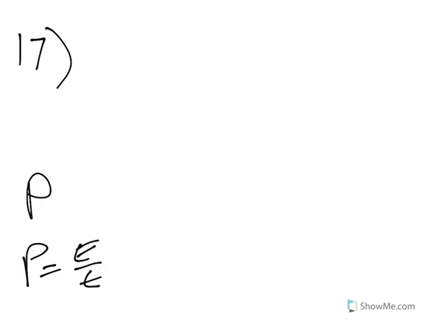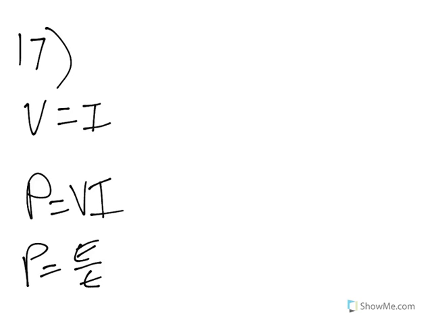Number 17. An electric iron draws 5 amps and has a resistance of 20 ohms. The amount of energy used by the iron in 40 seconds is. Remember that power equals energy over time, so we need to figure out power. Power is equal to voltage times current. We don't have voltage, so we need to find it.